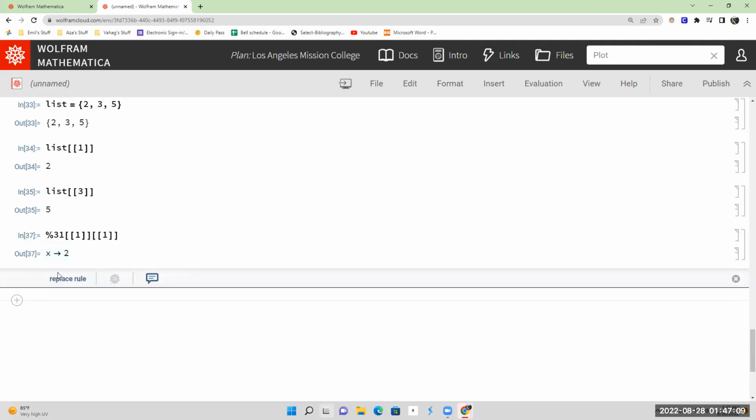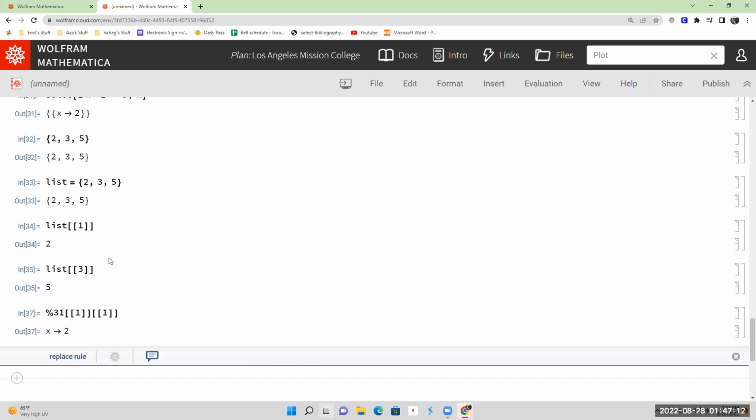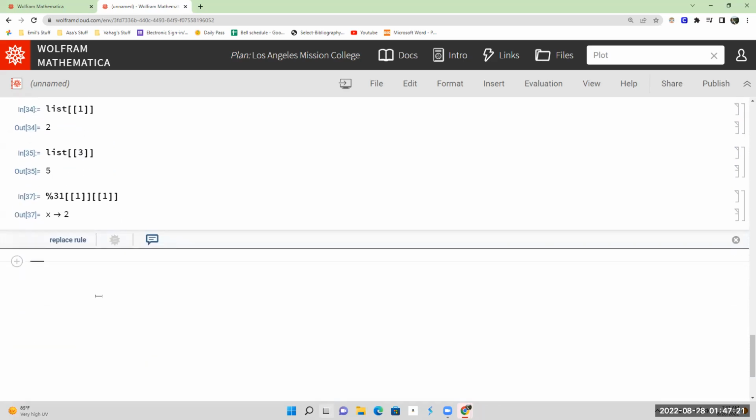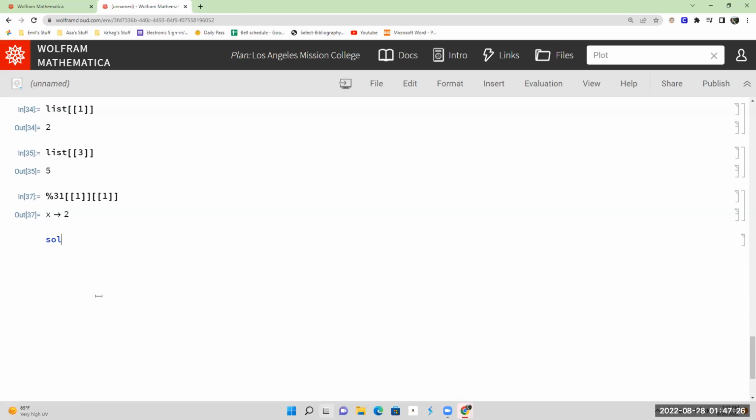So why am I telling you this? Well, because this is kind of useful in case we have a solution and we want to plug this solution into some other expression. For example, I could say solution is equal to, and then I can solve an equation. Let's do something simple. How about sine of x is equal to half, for x?